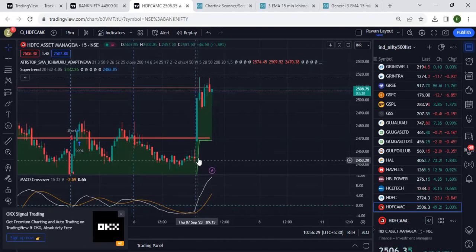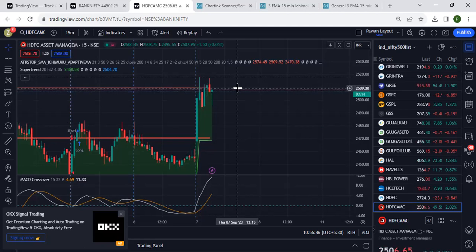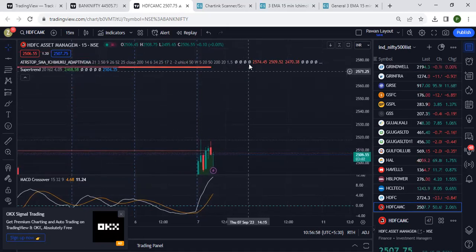Let the stock retrace from this level. This is one of the resistances, that is 2509. Above 2509, you can say 2510, above 2510 one can enter into the stock further for another target, that is 2574.